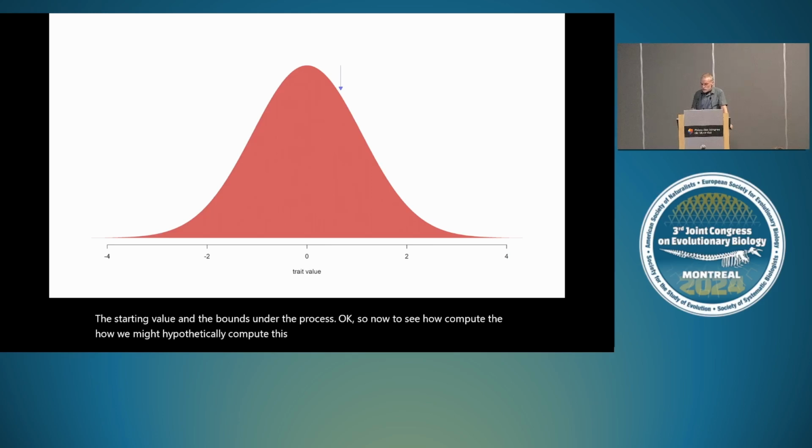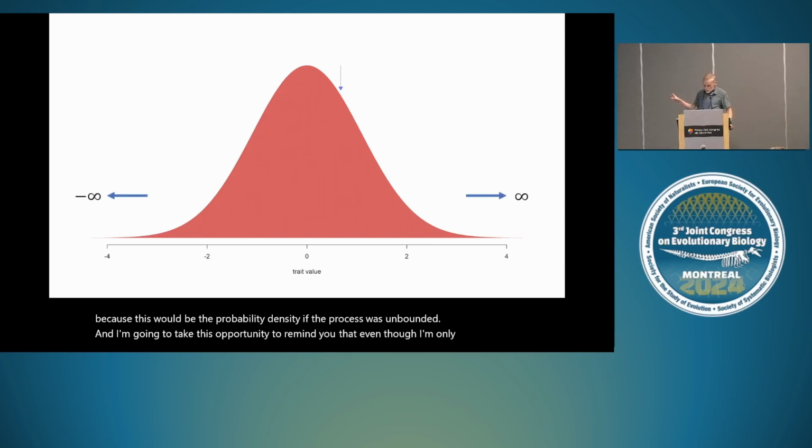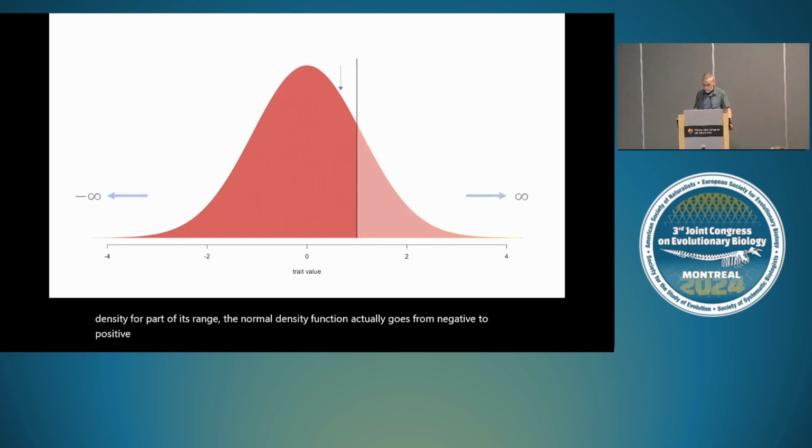We can start with a normal density, because this would be the probability density if the process was unbounded. Even though I'm only showing this density for part of its range, the normal density function actually goes from negative to positive infinity.